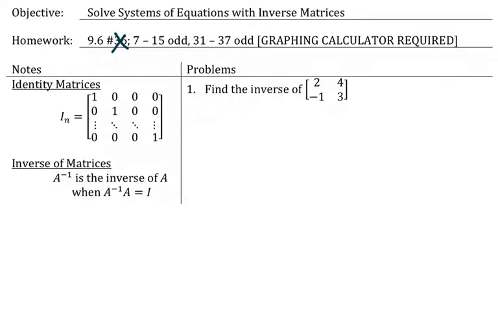With matrices, the identity is another matrix where just the diagonal numbers are 1, and all the rest of them are zeros. And an inverse matrix, whereas before the inverse of 5 is 1/5, we write it like this, and it's where when you multiply them together, they're equal to one of the identity matrices.